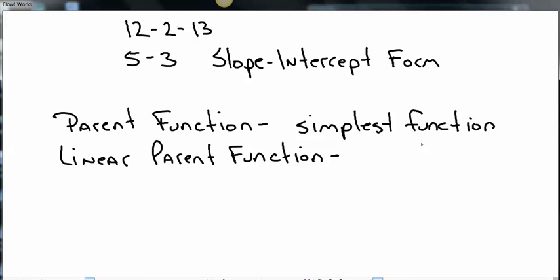That's y equals x, or f of x equals x. Linear equation.